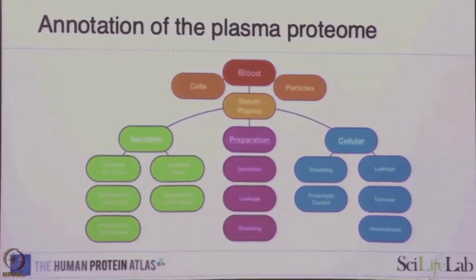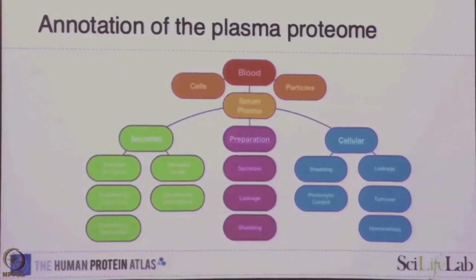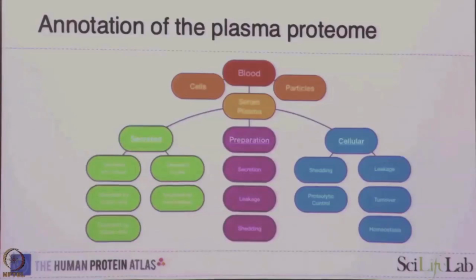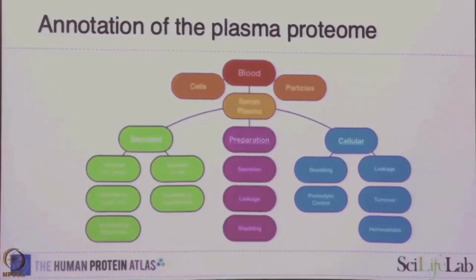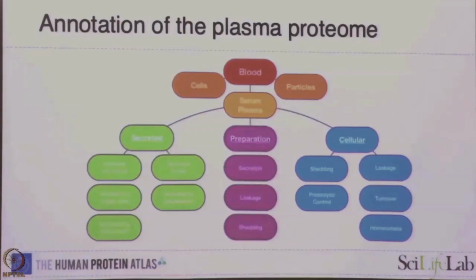And given that there are lipids that are also important to be considered, if you just look at the proteins, the reason why you have proteins in plasma could either be that they're actively secreted into blood because of a related process, or they can be of cellular origin, meaning either they've been leaking out when the sample was being prepared, or they've been shed from the surfaces because a certain protease took care of it.